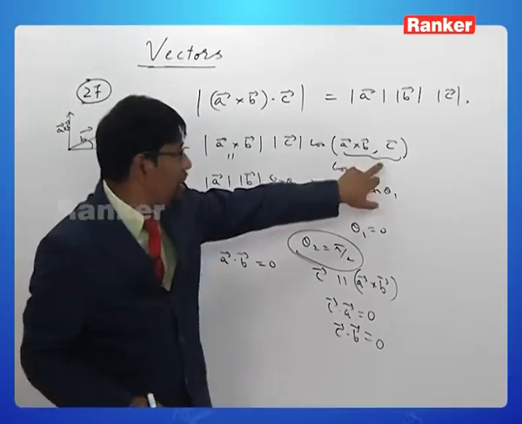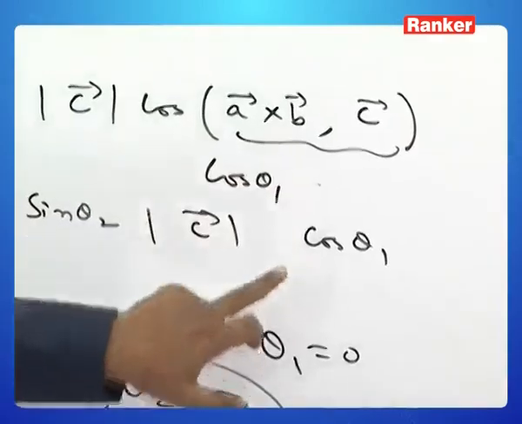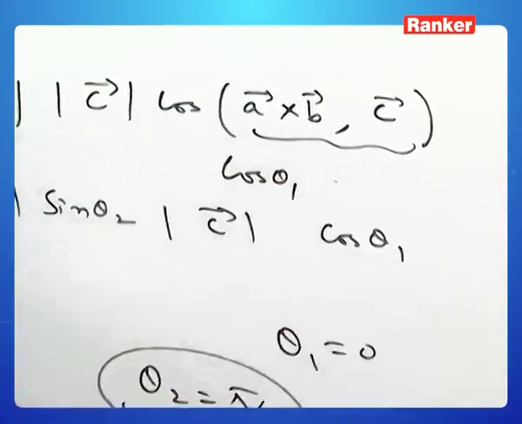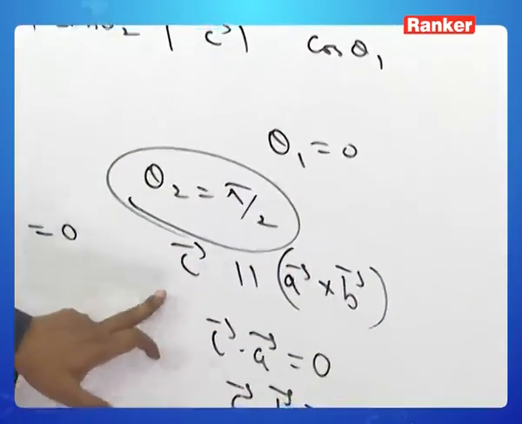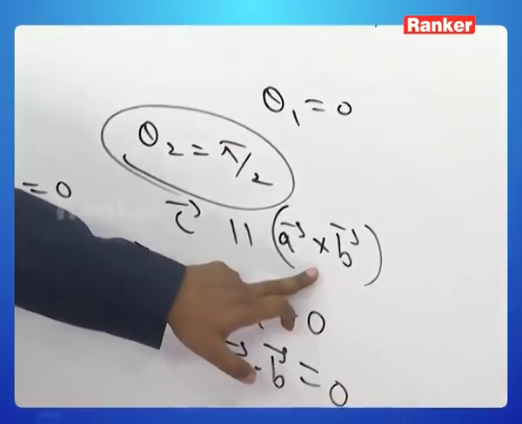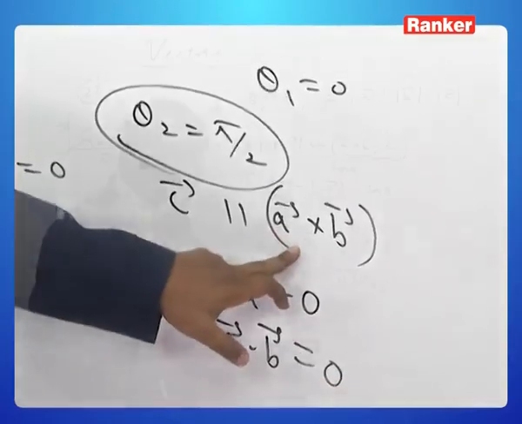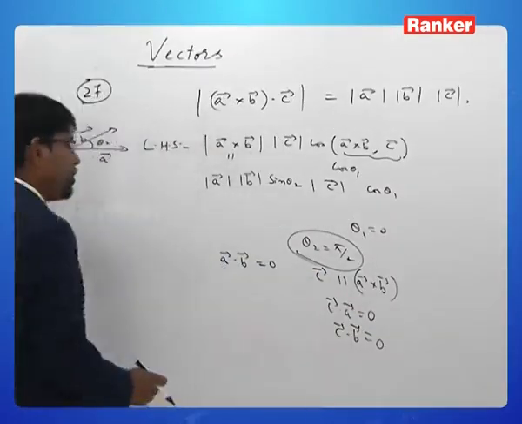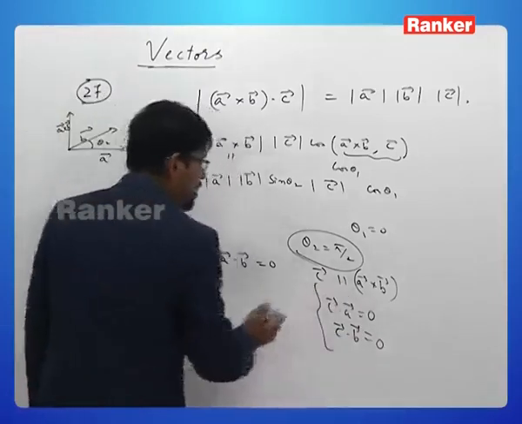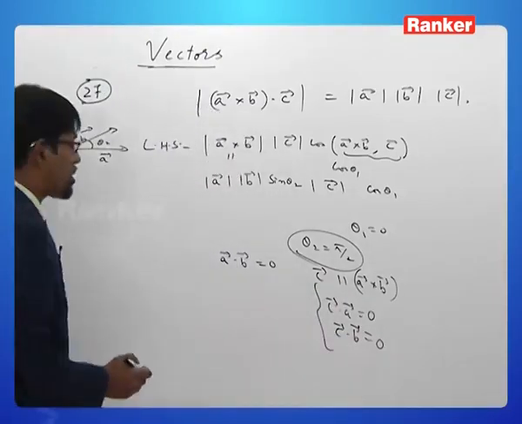See, the angle between c bar and a cross b is 0 because theta 1 I am getting to be 0, which means that c bar must have been parallel to a cross b. So that means c bar must have been perpendicular to a bar as well as perpendicular to b bar. Therefore, we have c bar dot a bar 0, c bar dot b bar 0.